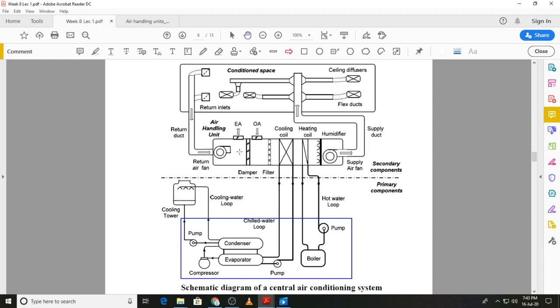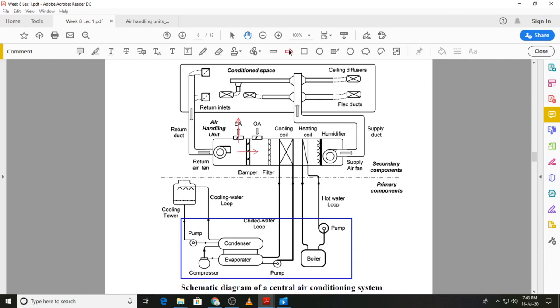So we have the exhaust air over here, and then the remaining part is passed through a damper. The damper controls the volume flow rate of the air that is exhausted, and then the volume flow that will be allowed to go through into the downstream side.